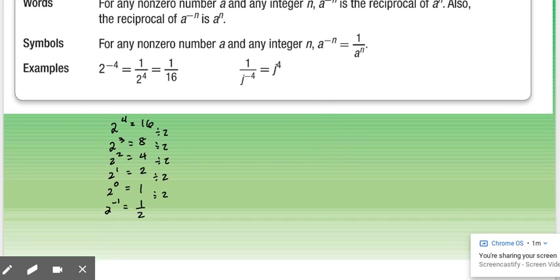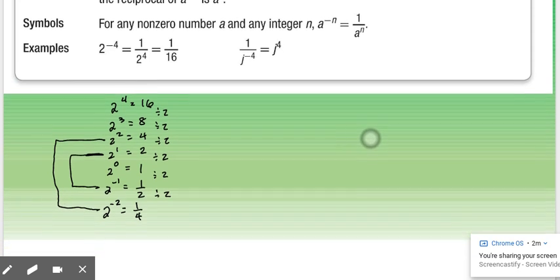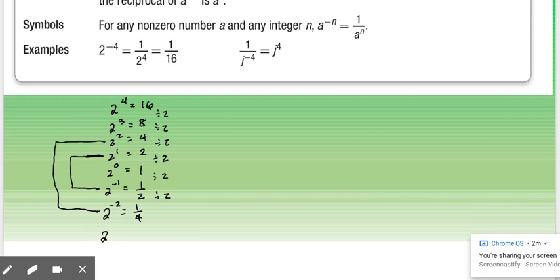Okay? For 2 to the negative 2, I divide by 2. As a fraction, it's 1 over 4. So I want you to notice the similarities between 2 to the first and 2 to the negative 1, 2 squared and 2 to the negative 2 power. Okay? And I want you to think to yourself, if I did 2 to the negative 3, what would that answer be?